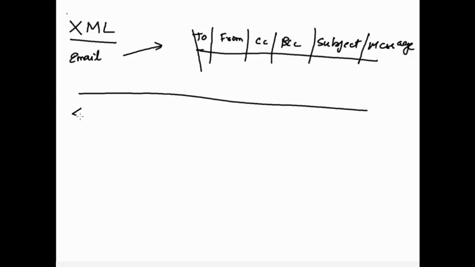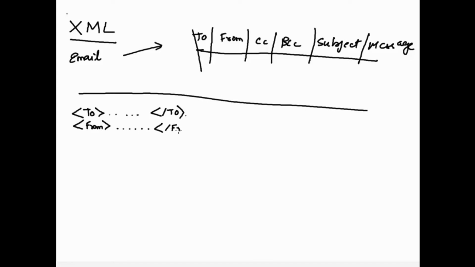Now, if I were to put this in an XML format, it's nothing but a set of tags. I'll create a tag called to, put my data here, and end it with /to. Similarly, next is from.